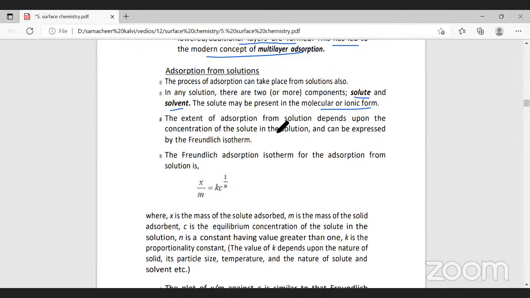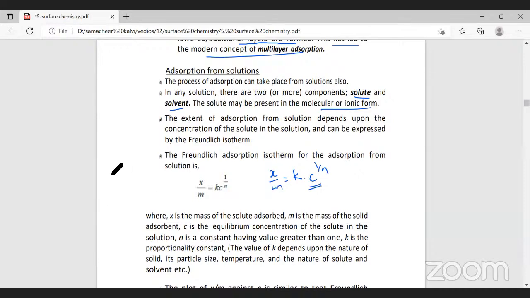The extent of adsorption from solution depends upon the concentration of the solute in the solution, and hence it can be expressed by the Freundlich isotherm. The Freundlich isotherm for adsorption from solution is x/m = k C^(1/n), where C stands for concentration.